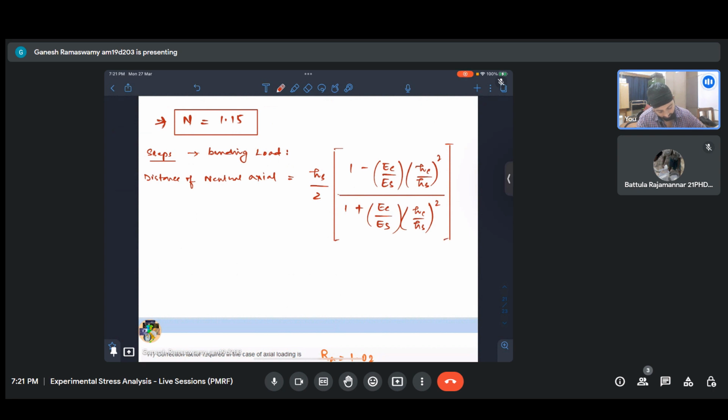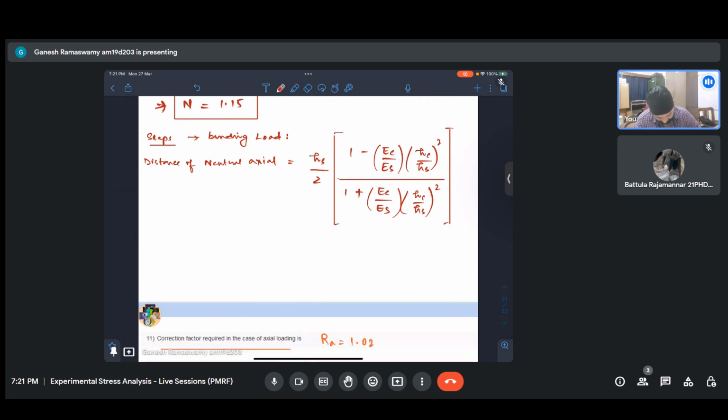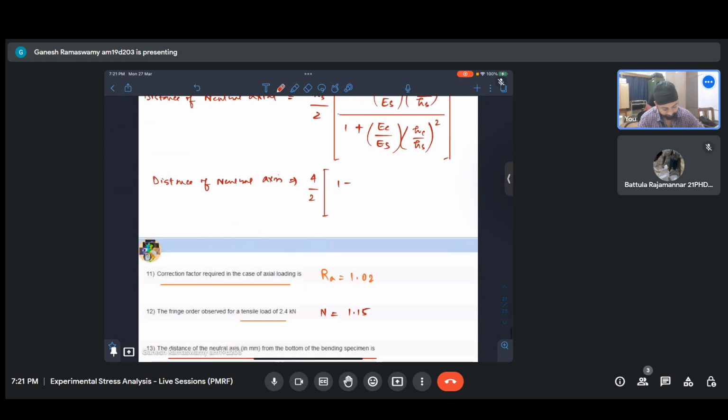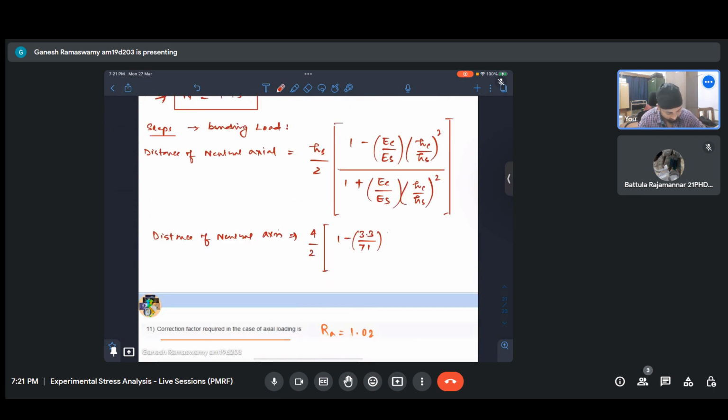So the shift, so the distance would be HS, which we know is 4 mm, by 2 into 1 minus EC, which is 3.3, 3 by 71 into 1.5 by 4 whole square, divided by 1 plus this thing.